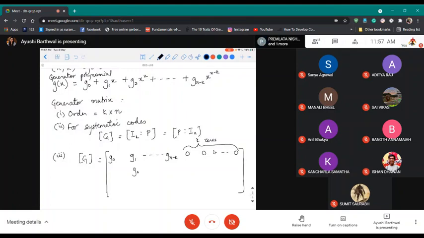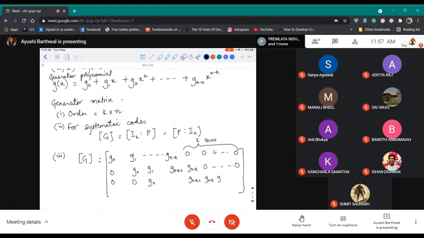That means here would be 0, g0, g1, up to g_{n-k}, and the rest will be zeros. Similarly, the next row would be 0, 0, g0, then g1, up to g_{n-k}, then 0 up to 0.